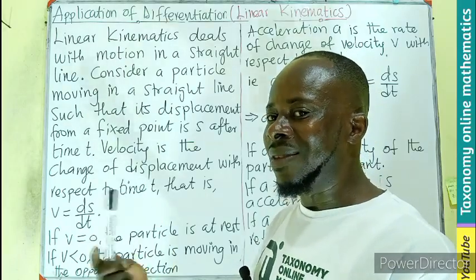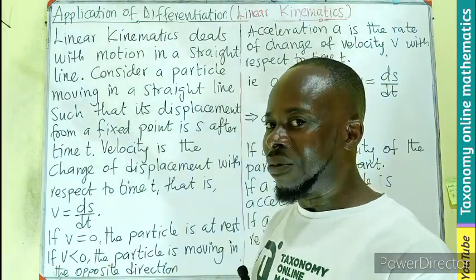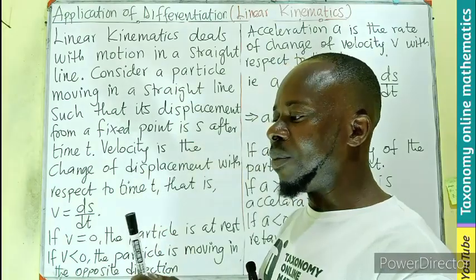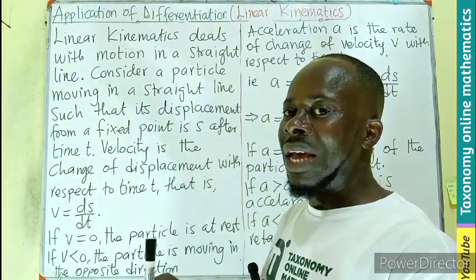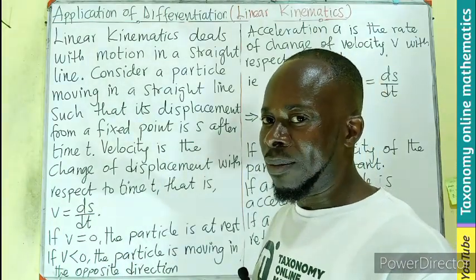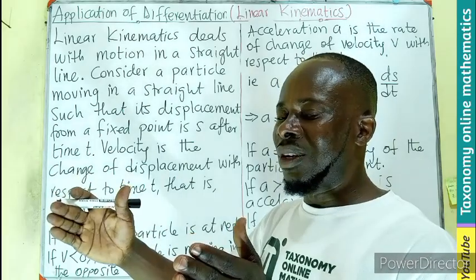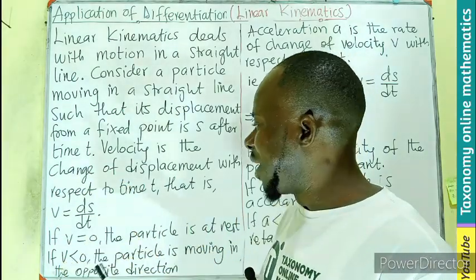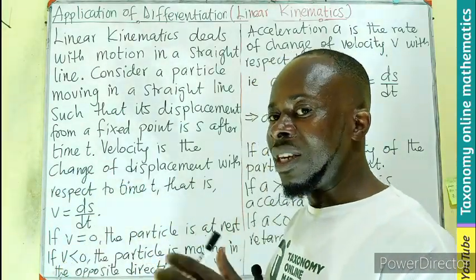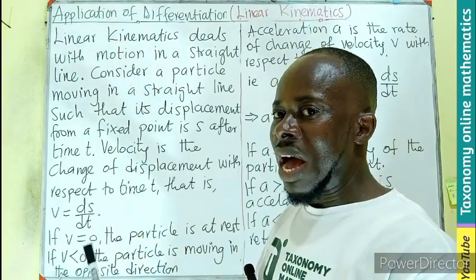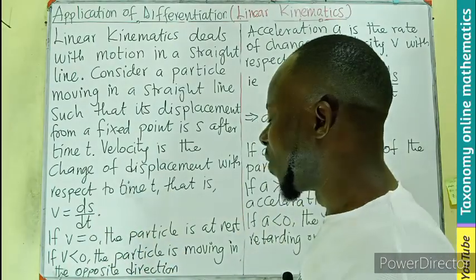If the time is 0, you might get undefined. So you are at a rest position, you are not moving, so there will be no distance to cover. In that case, your velocity will be 0.